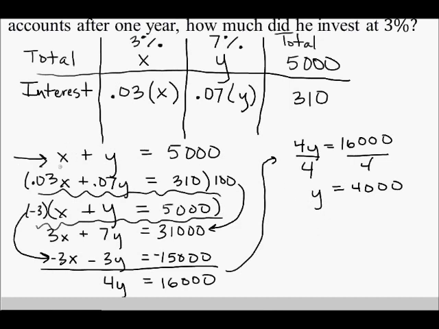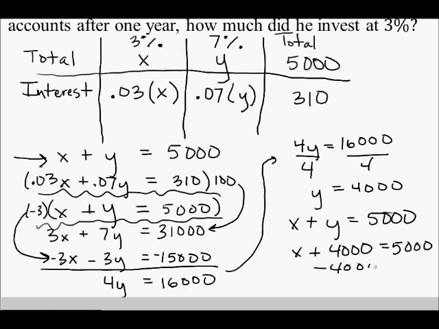Since we already know y, we should be able to solve that for x. So x plus y equals 5,000 becomes x plus 4,000 equals 5,000 because y equals 4,000. And then subtracting 4,000 from both sides, we are going to get that x on the left side equals 5,000 minus 4,000, which is 1,000.